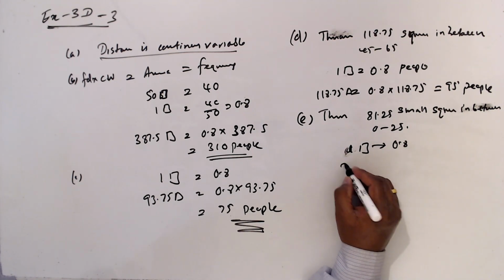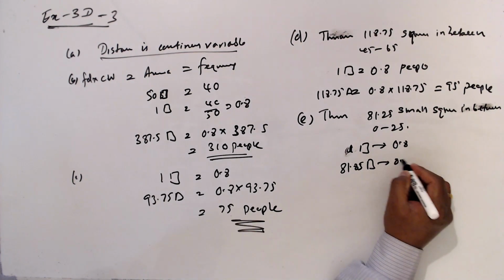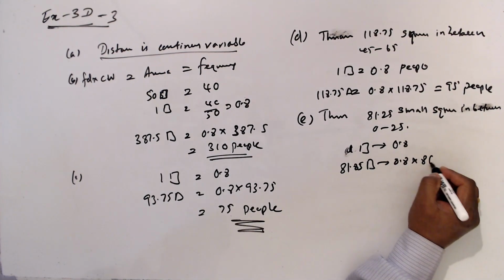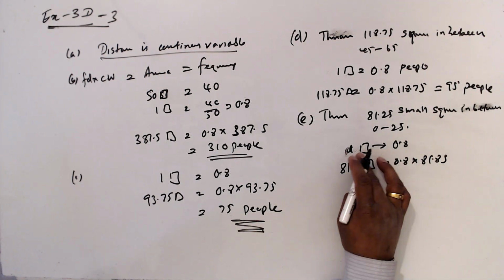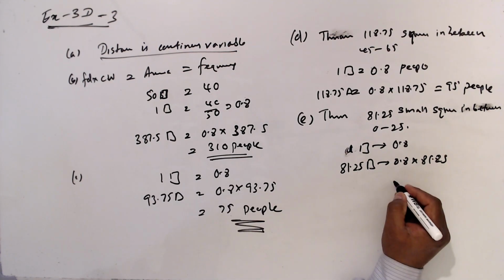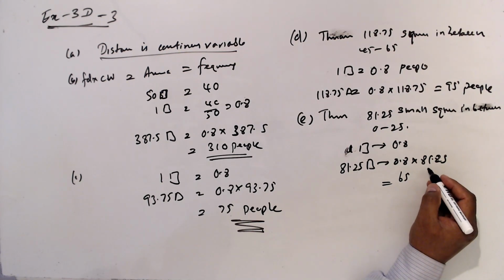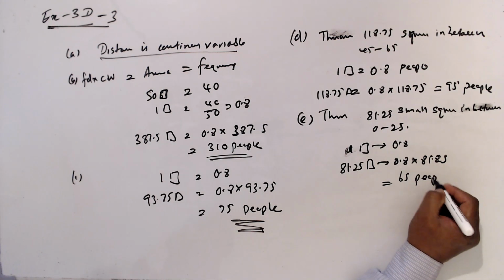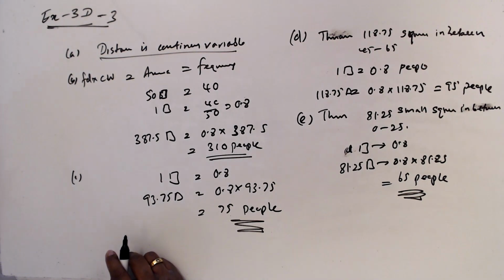Then 81.25 represents 0.8 times 81.25. Sorry, it is 25. The answer should be 65 people. So you have to count these small squares very carefully.